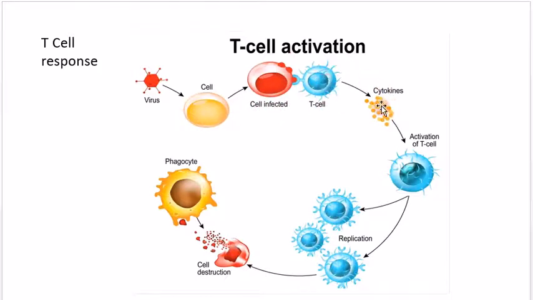The T cells will produce cytokines which will activate the T cells. Once T cells get activated, they multiply and replicate, and then go and directly attack the infected cells, or they will also inform the phagocyte which will go and engulf this infected cell.